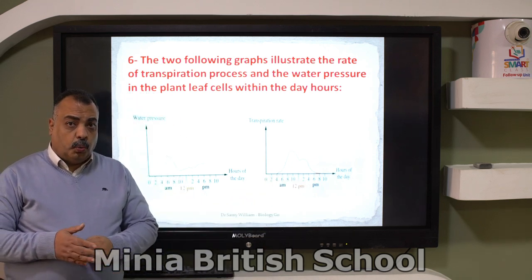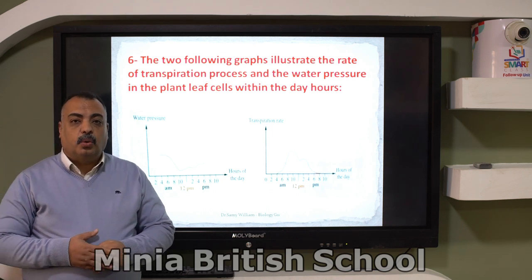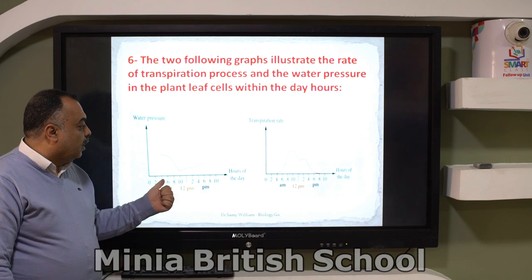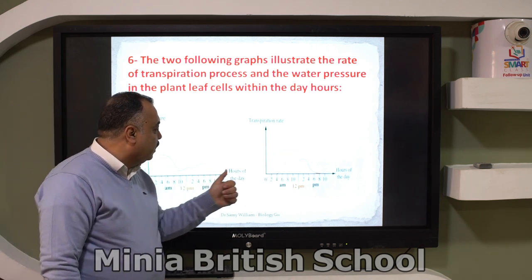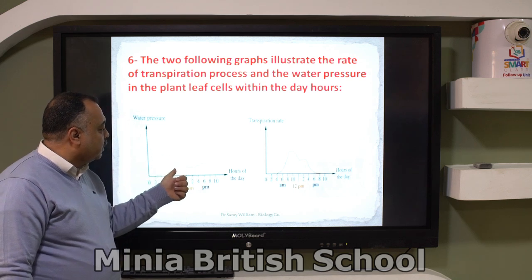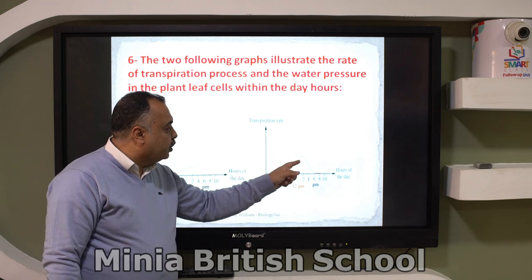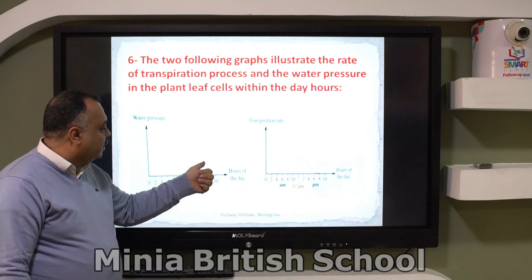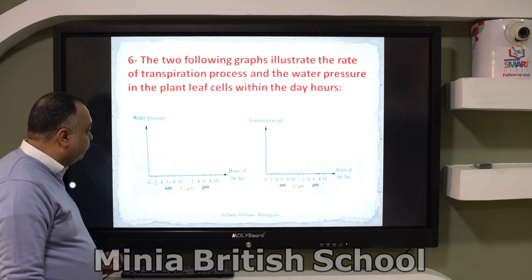Firstly, we will analyze the graphs before we read all the choices. Here, as the transpiration rate increases, the water pressure inside the leaf cells decreases. And when the transpiration rate decreases, the water pressure inside the leaf increases.